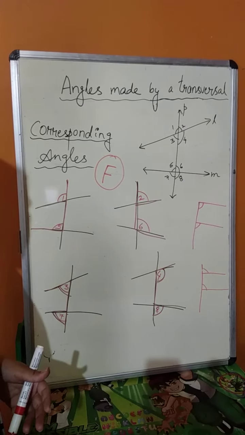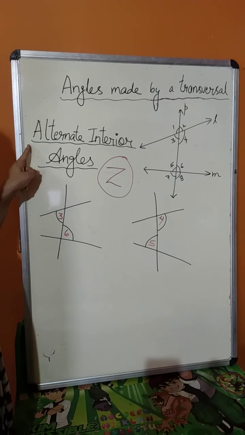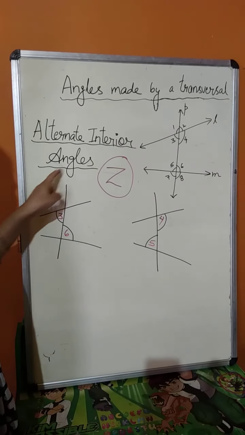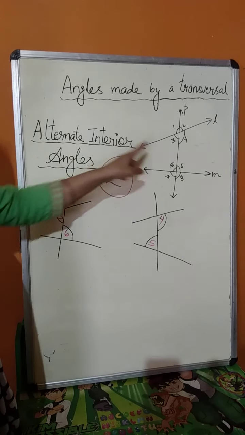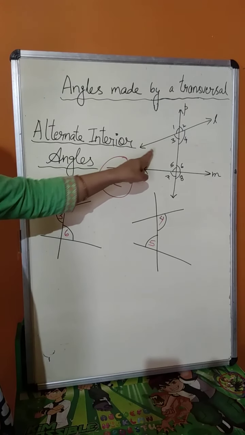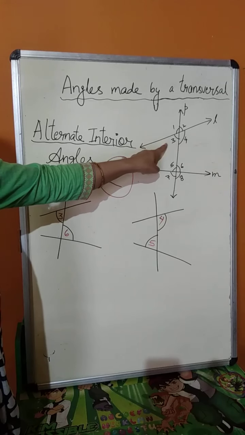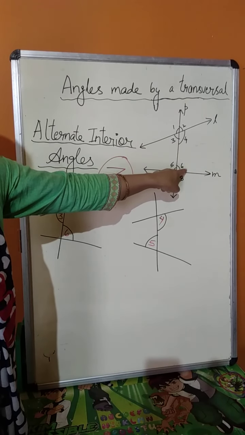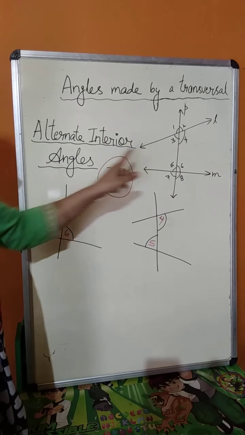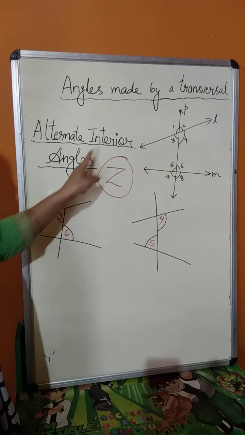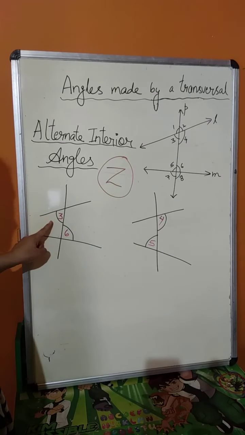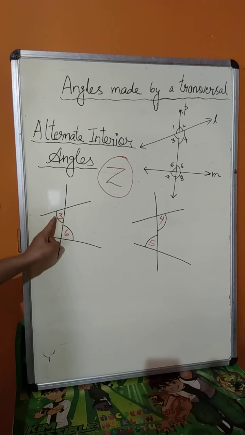Thank you. Now, alternate interior angles. So from this figure, we can say that 3 and 6 form alternate interior angles. As you can see here, 3 and 6, they are interior and alternate.